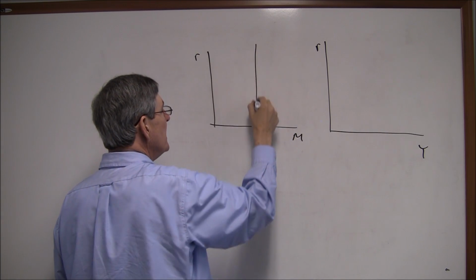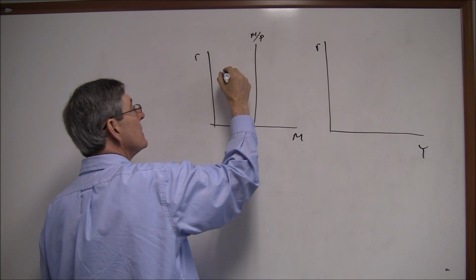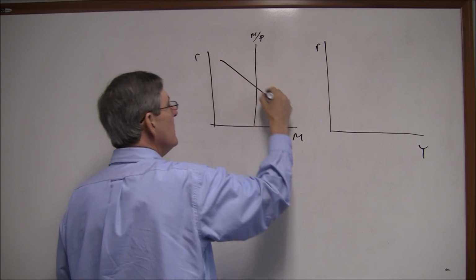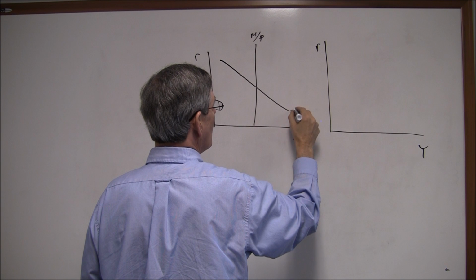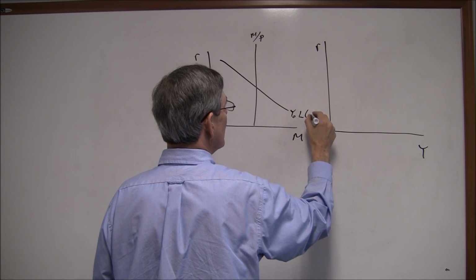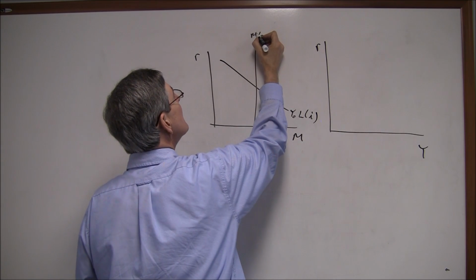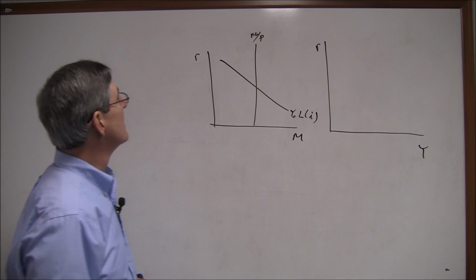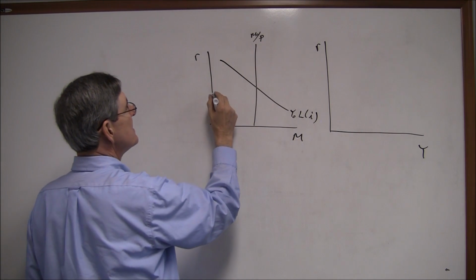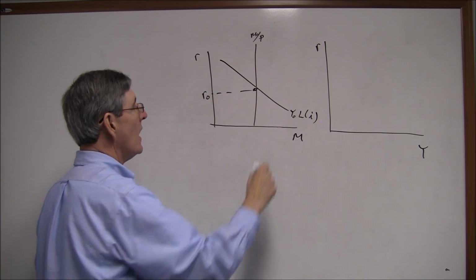So we've got our real money supply, M over P. Real money demand, Y0, L of I. Call this M0 up here. So at M0, we are at R0 and Y0.